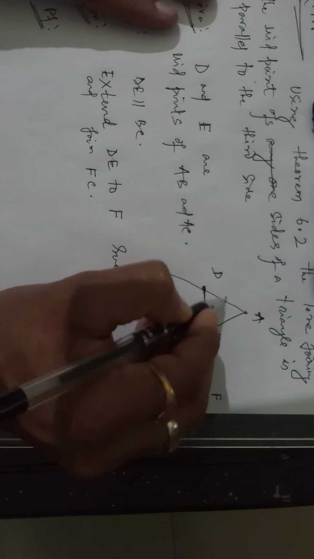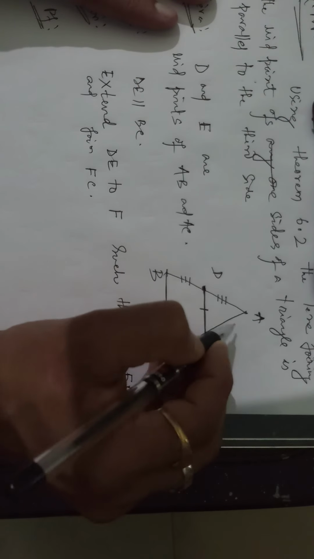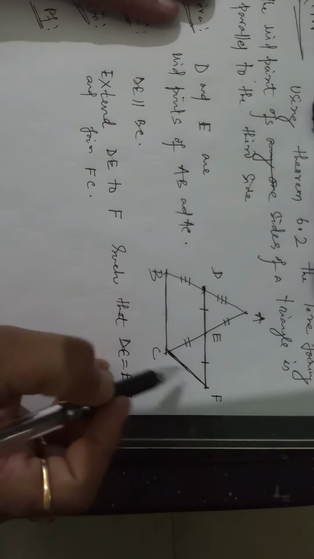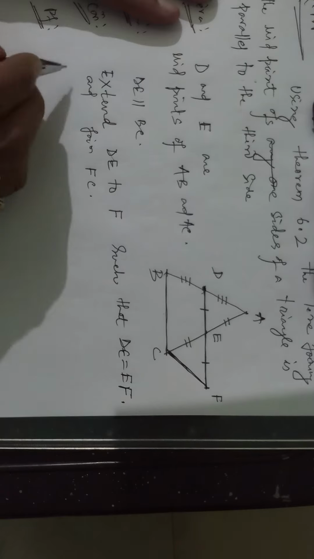Now proof. Given that AD is equal to BD and AE equals EC. So take the congruence criteria of triangle AED and triangle CEF.